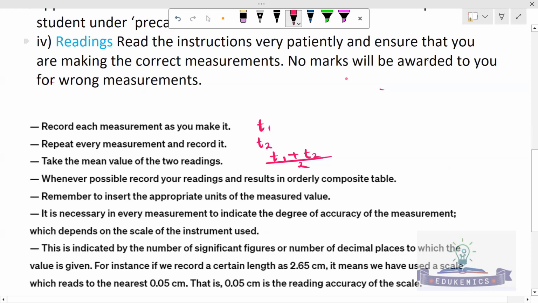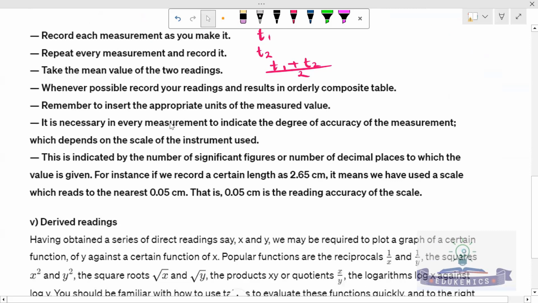And then, whenever possible, record your readings and results in an orderly composite table. Remember to insert the appropriate unit of the measured value, and it is necessary in every measurement to indicate the degree of accuracy of the measurement. And this degree of accuracy will depend on the scale of the instrument used.